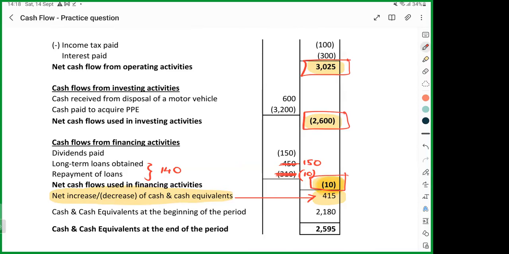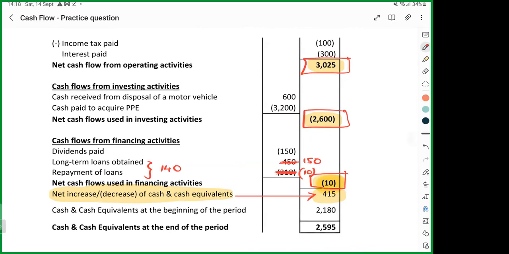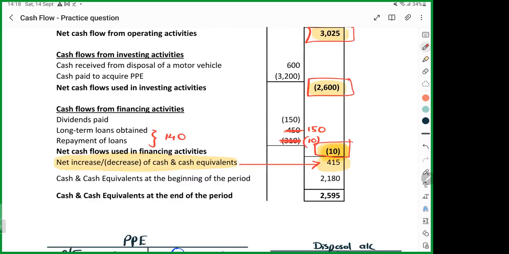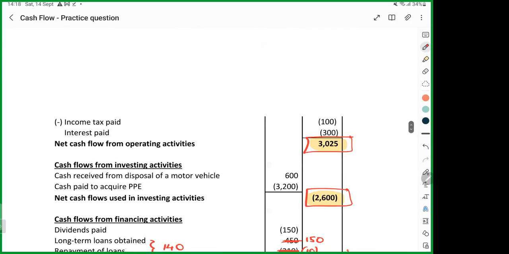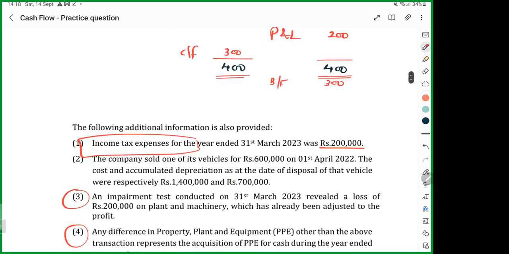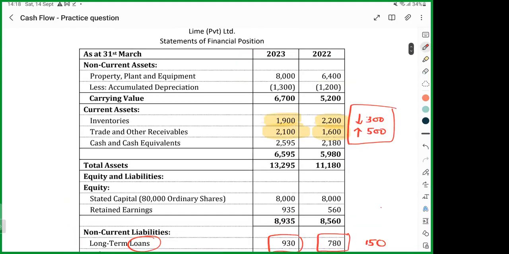Then you take the beginning cash and cash equivalent balance. You see the financial statement? The beginning cash and cash equivalents, 2180.